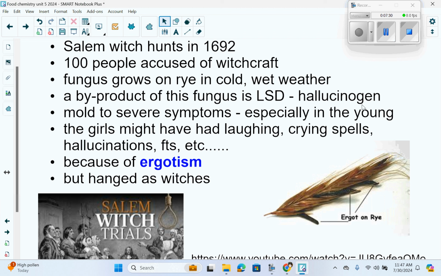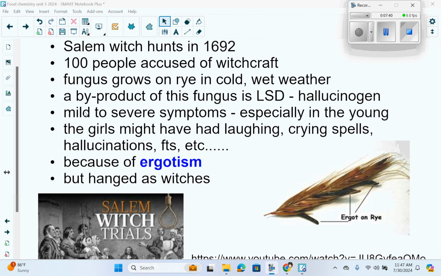And a byproduct of this fungus is LSD. That's a drug. It's a hallucinogen. You could have mild to severe symptoms of the drug, especially in the young. So the girls at the time may have had laughing and crying spells, hallucinations, fits, etc. This could have been because of ergotism.